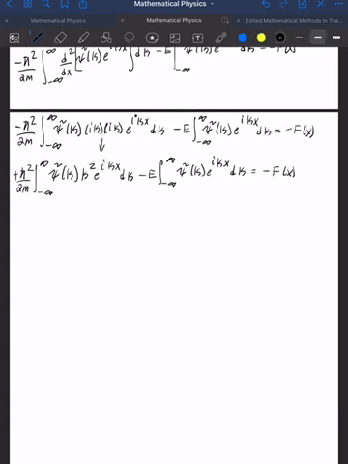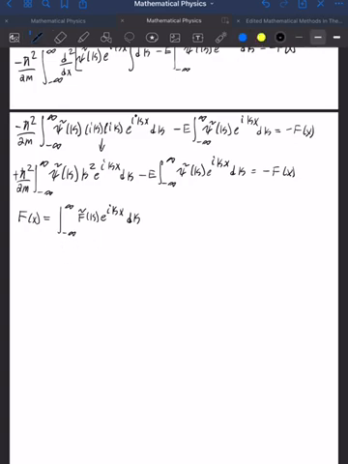So we're going to replace f of x by its corresponding integral: f of x is equal to the integral from minus infinity to infinity of f tilde of k e to the ikx dk.